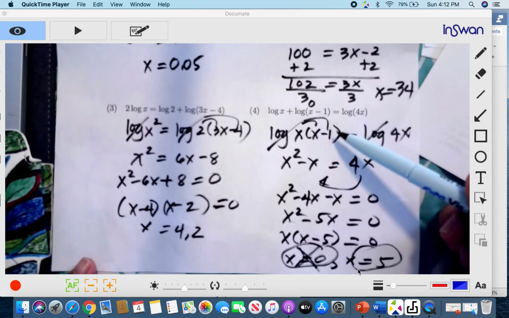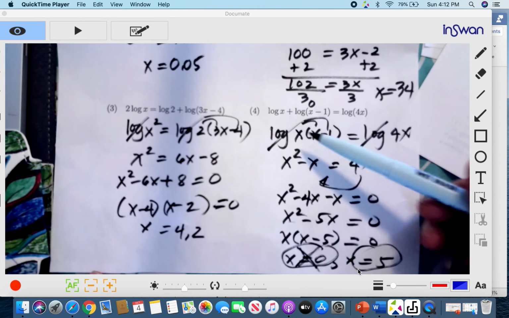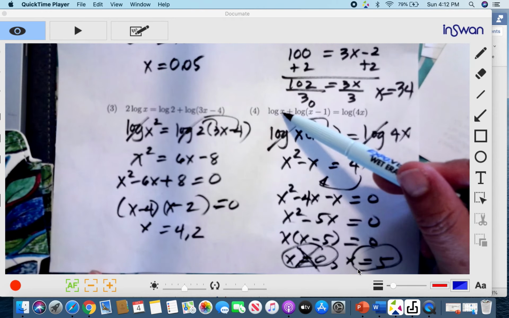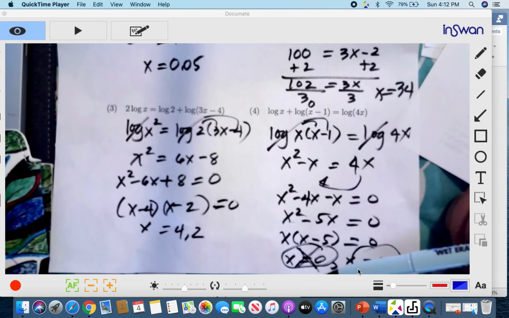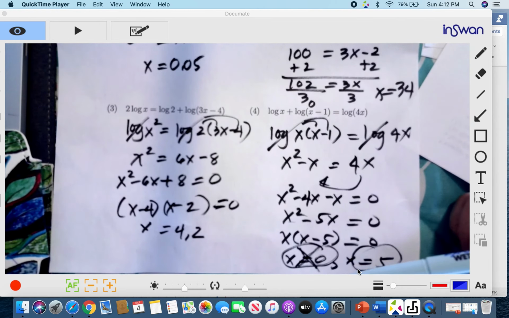Because if you are going to go back to the equation, let's say I'm going to plug it in here. You see, logarithm of 0, there's no way I can get a value of 0 when I'm raising a number to an exponent. Remember that exponential functions are supposed to be asymptotic.